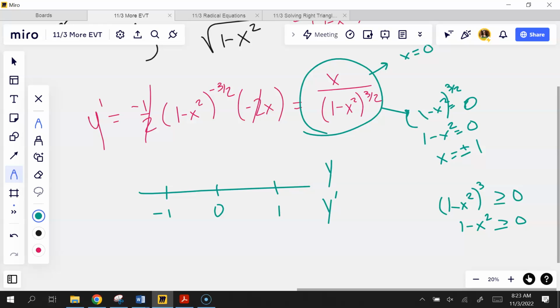So I'm undefined past 1 this way, that's exactly right, because it's squared, making it positive. So I am restricted this time. I have 2 endpoints, so that's nice.